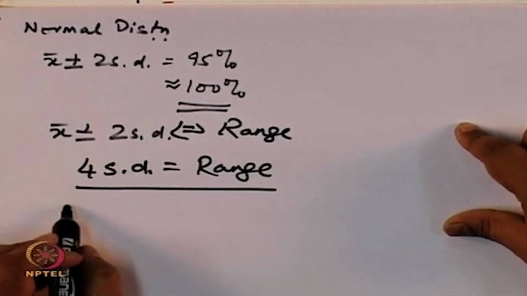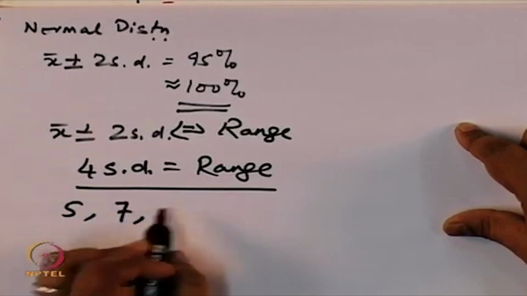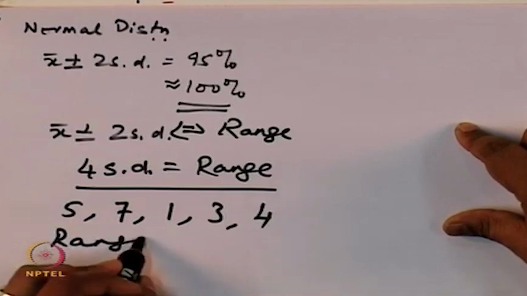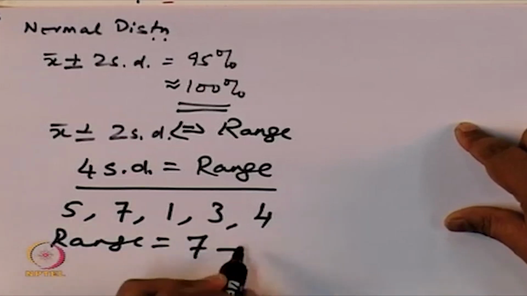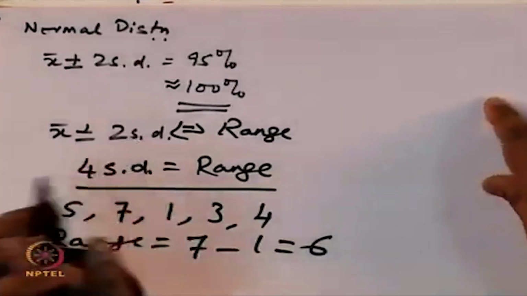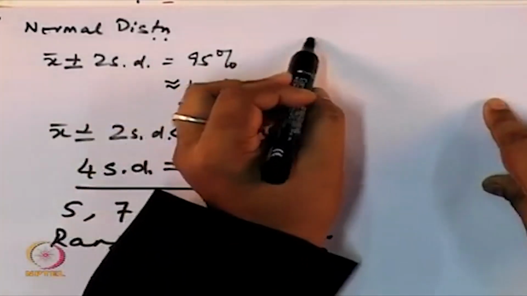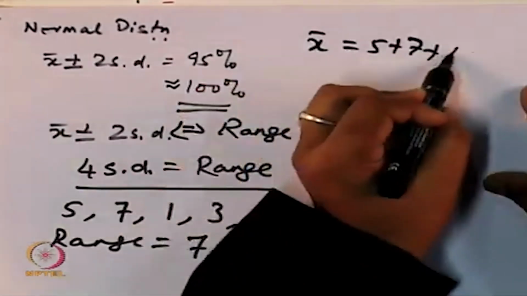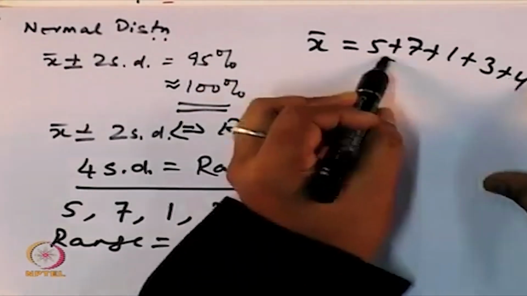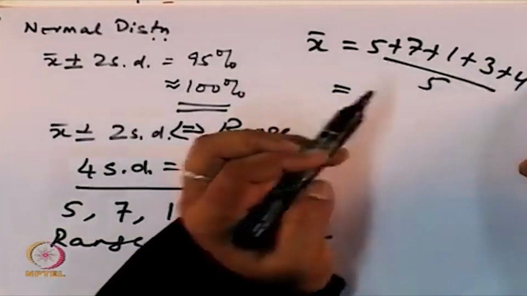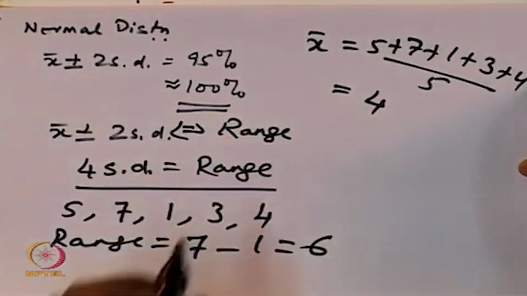So, let us take the following example. Let us say you have 5, 7, 1, 3, 4. My range is equal to maximum minus minimum, 7 minus 1, which is equal to 6. What is my standard deviation? My x bar is (5 plus 7 plus 1 plus 3 plus 4) divided by 5. 12, 13, 16, 20. So, x bar is 4.